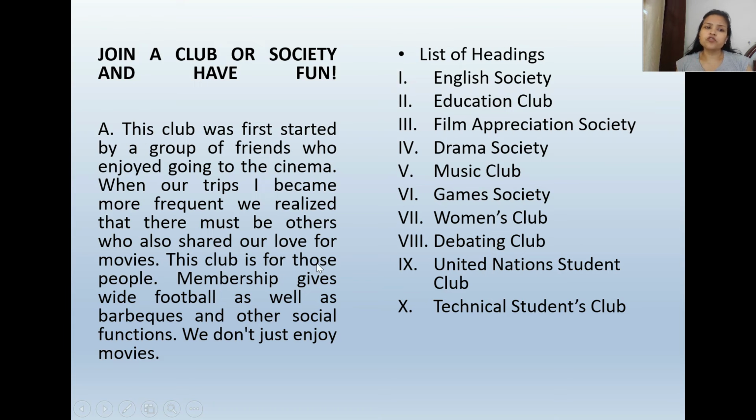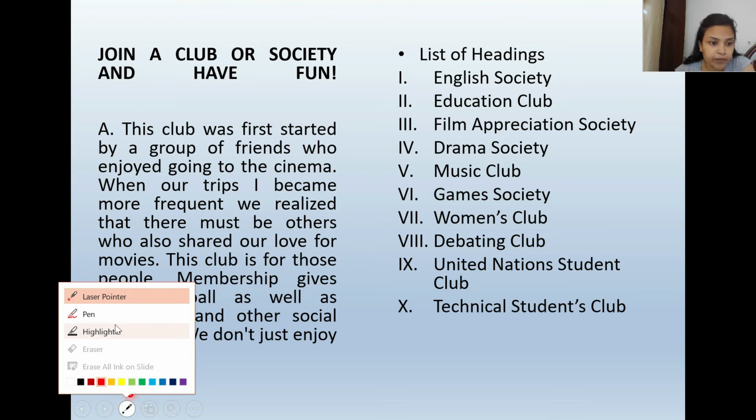This club is for those people. Membership gives access to film festivals as well as barbecues and other social functions. We do not just enjoy movies. So this is talking about the club, and about joining other members who have similar interests.